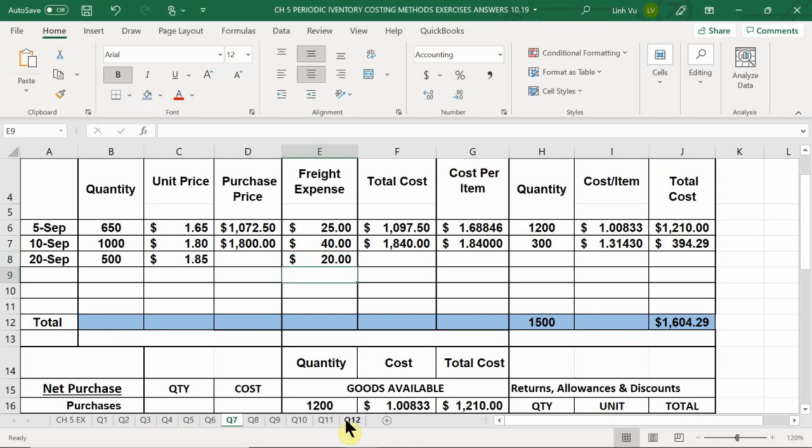So what is my purchase price here? $925. Okay, plus $20, $945, bringing my total cost per item to be $1.89. Good.